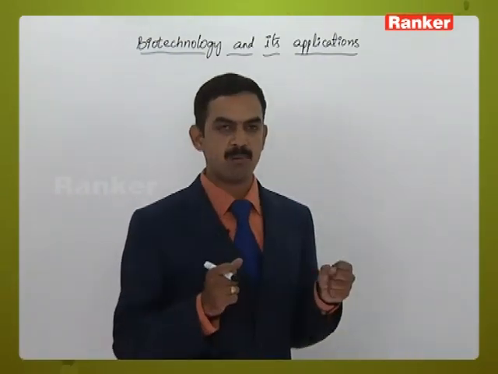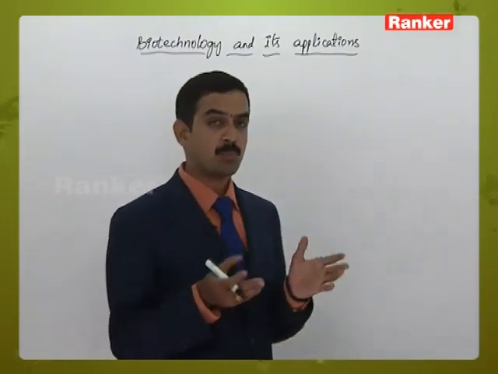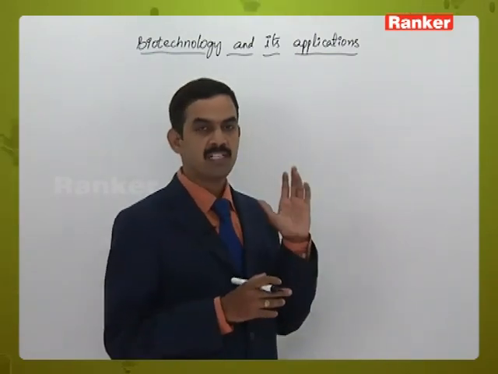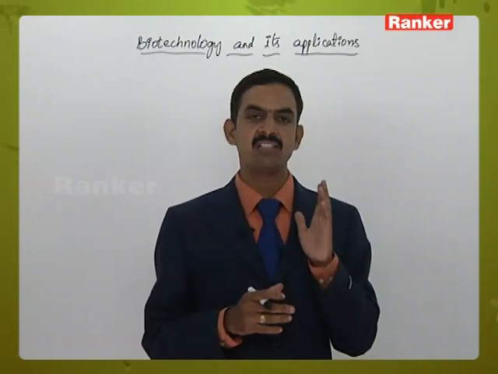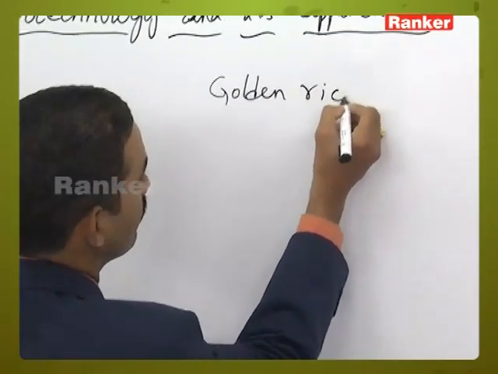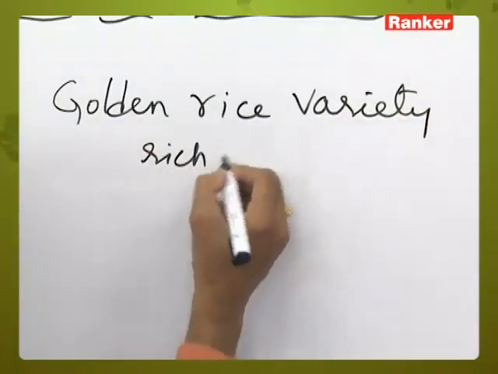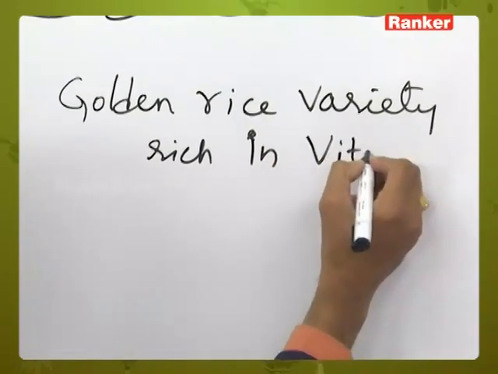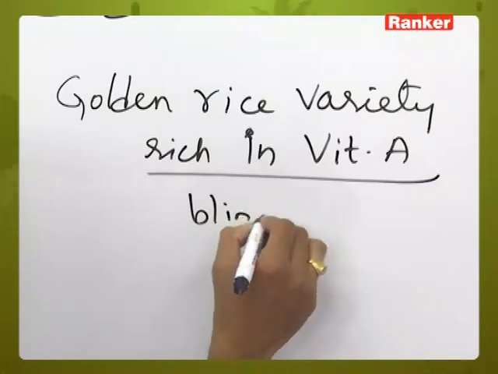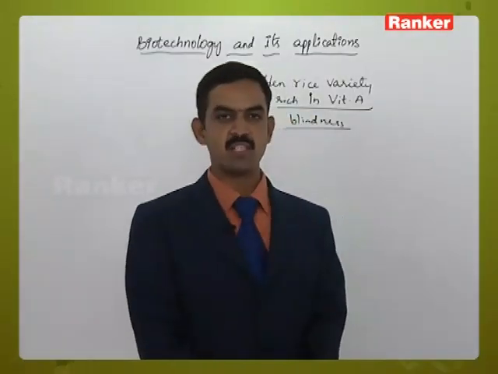Let us take some examples. A golden variety of rice has been produced by incorporating genes into a type of rice, making it rich in nutrients, rich in vitamin A. And as we know, vitamin A can overcome diseases like blindness in human beings.